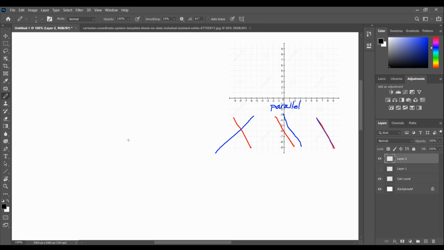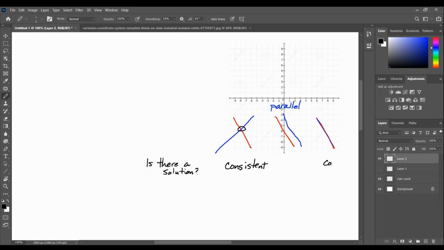Now, we've got some terms that describe these. One answers the question, is there a solution? If yes, we call it consistent. So this one is consistent because there's a solution right there.